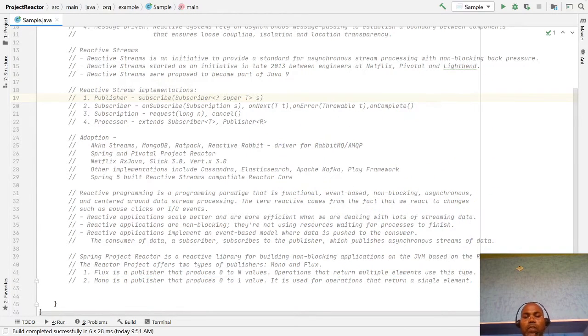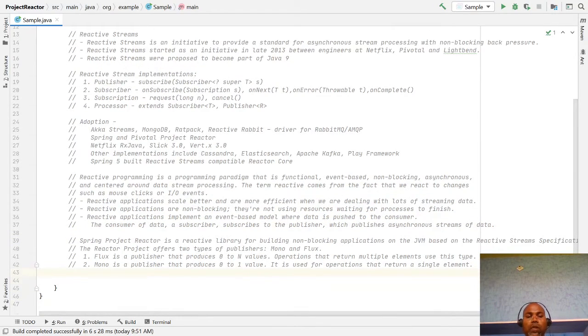So these are the two basic forms of publisher provided by Spring's Project Reactor. Let me write a basic example of how we can use this publisher concept. Here I'm going to use Flux.